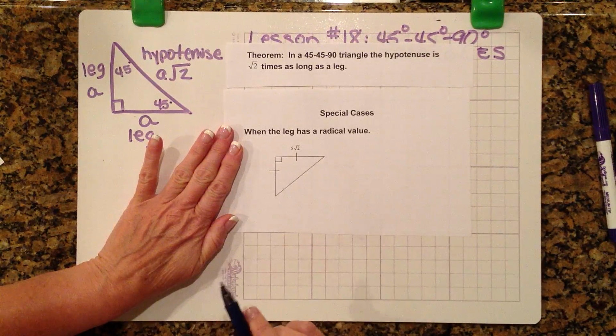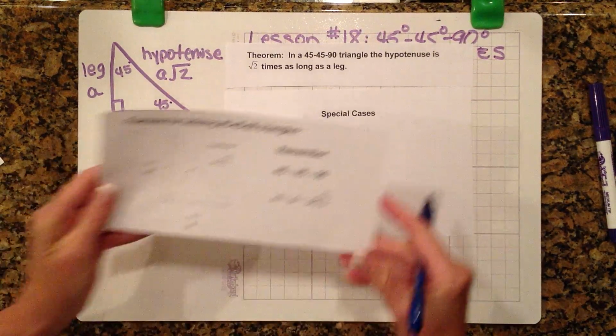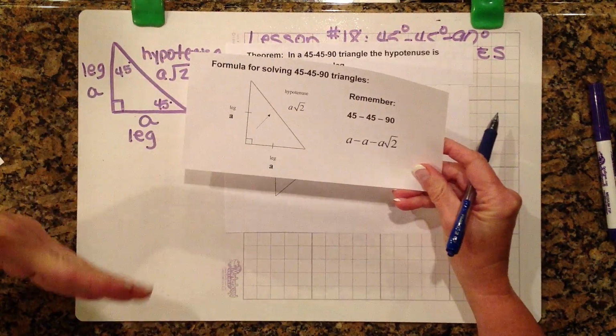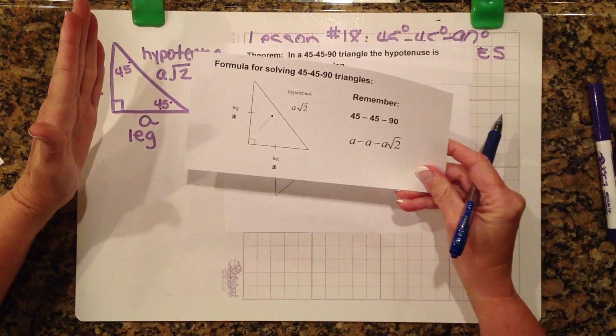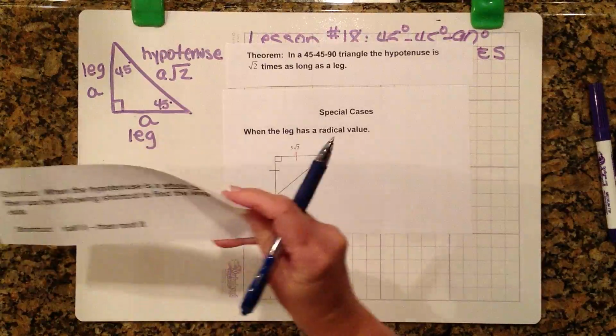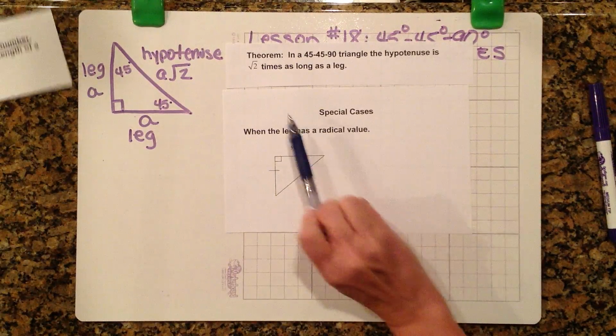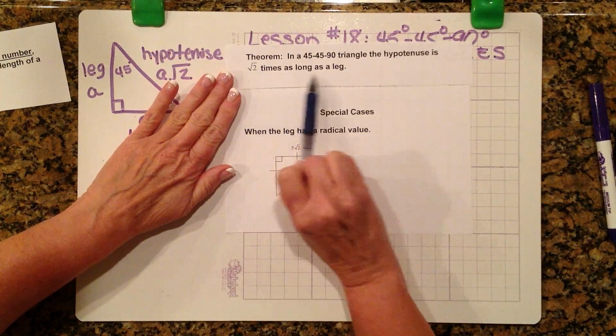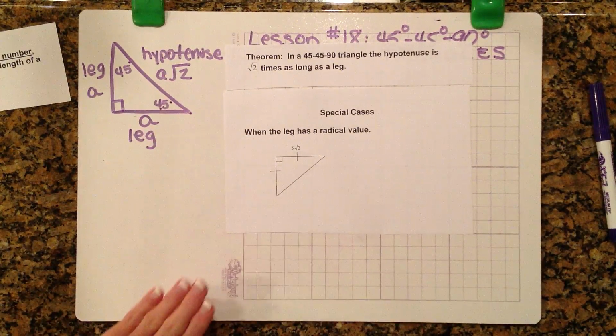It has a radical in it. Like I said a minute ago, a can be any value. It can be a whole number, it can be a fraction, it can be a radical. And whatever I do for my formula, remember, whatever I get for a, the hypotenuse is square root of 2 times as long as whatever this leg is.